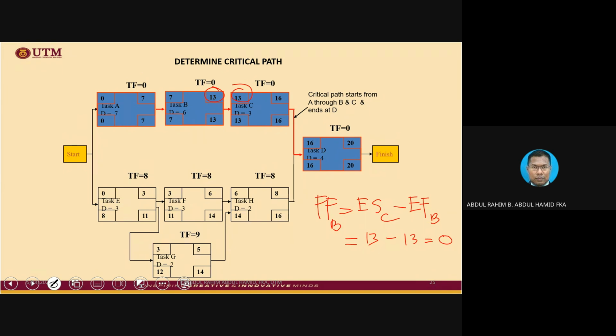So when only two activities are connected together, the previous one and the successor, you know that free float is going to be 0. So actually you don't have to bother. The only thing you need to bother about is this concept. You look at this activity, and there are two activities connected, for instance, here.